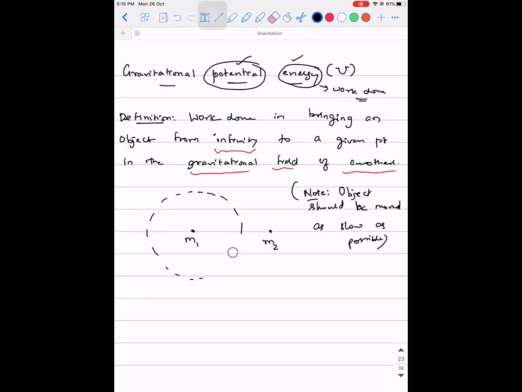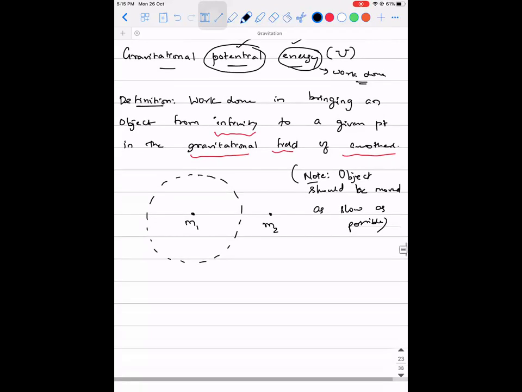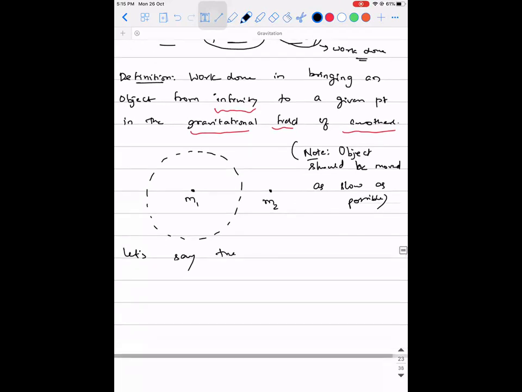Now listen to this. Concentrate, there is a slightly tricky derivation. Let's say the mass m2 is moved into the gravitational field of m1 and separated by a distance x.